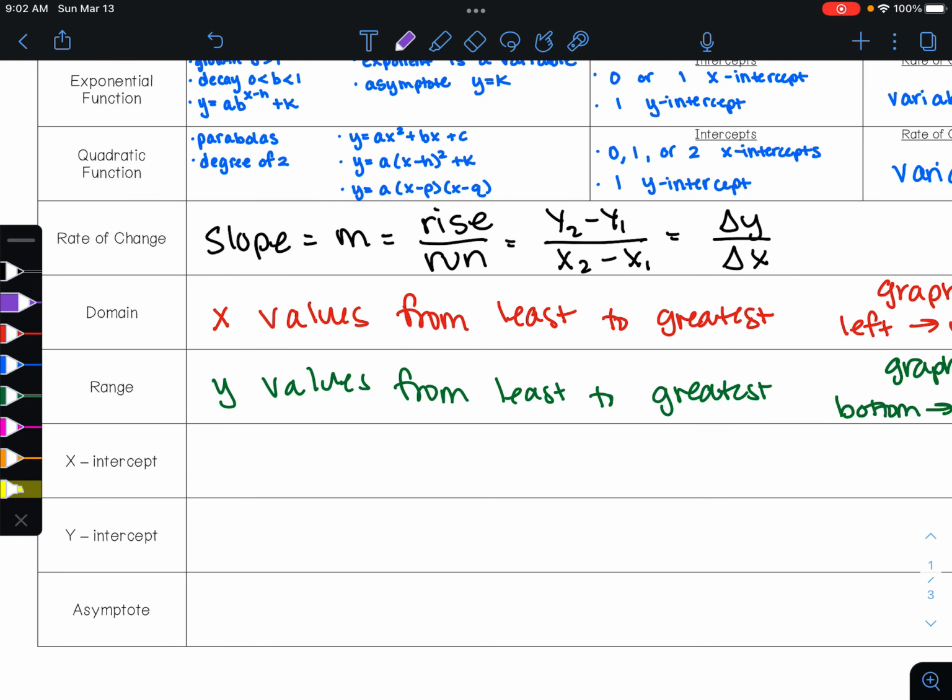Your x-intercept is where your graph crosses your x-axis.